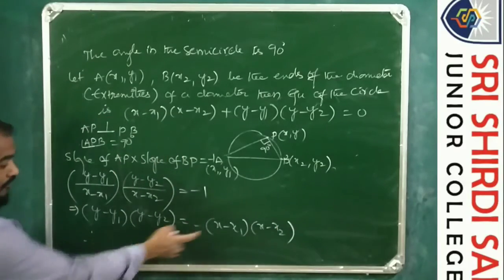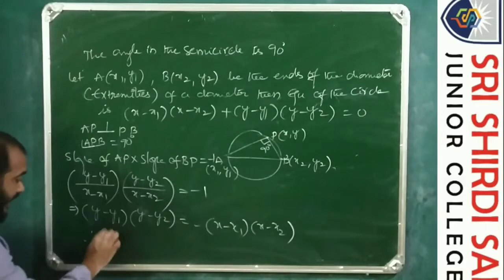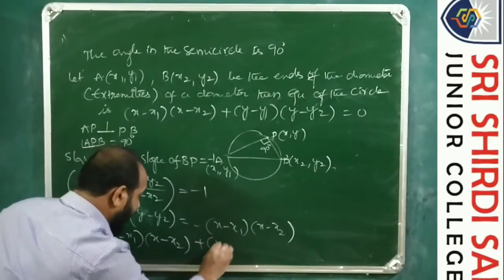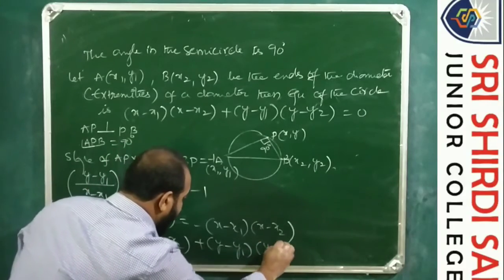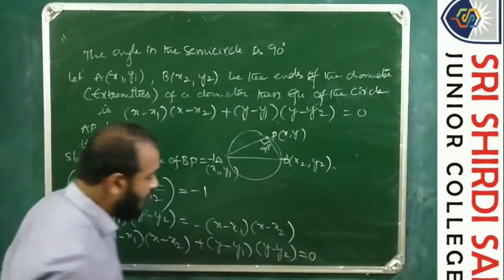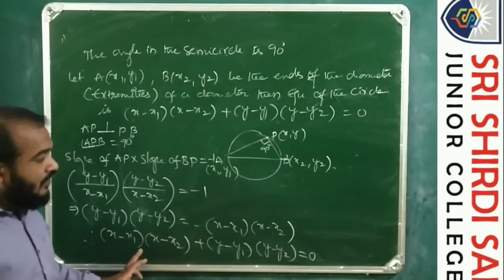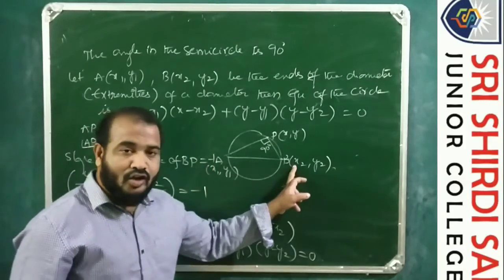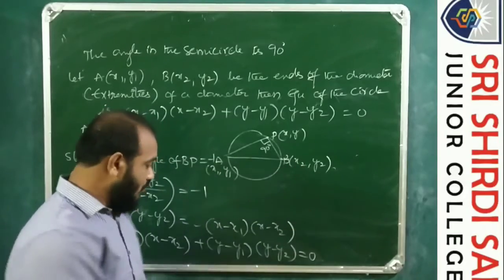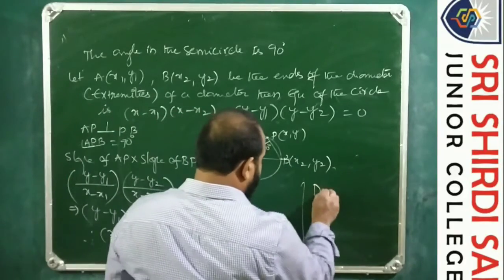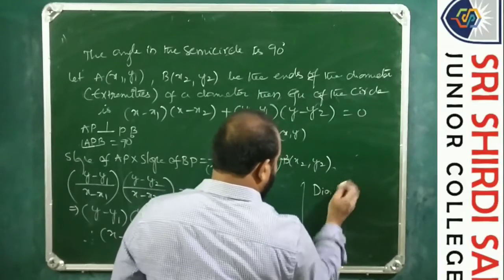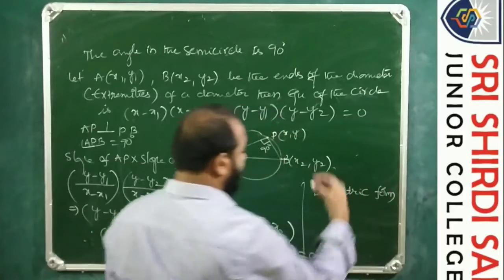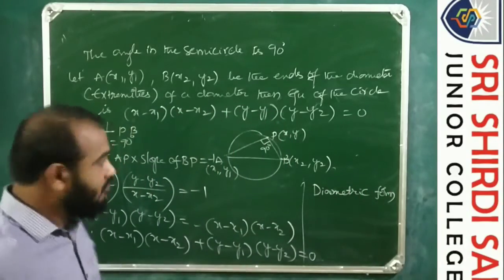Therefore, if you transpose it to the other side, (x minus x1)(x minus x2) plus (y minus y1)(y minus y2) is equal to 0. This represents the equation of the circle when the ends of the diameter are given. This is called the diametric form.